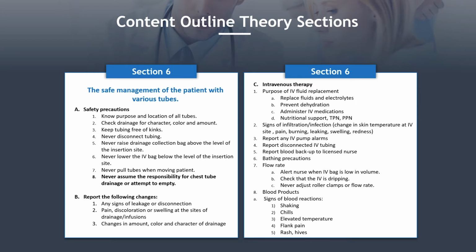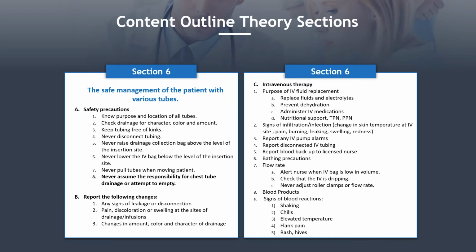B. Report the following changes: any signs of leakage or disconnection, pain, discoloration, or swelling at the sites of the drainage or infusions. Change in the amount, color and character of drainage. C. Intravenous therapy. Purpose of IV fluid replacement: replace fluids and electrolytes, prevent dehydration, administer IV medications, and nutritional support, TPN, PPN.